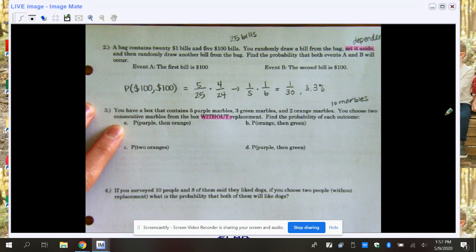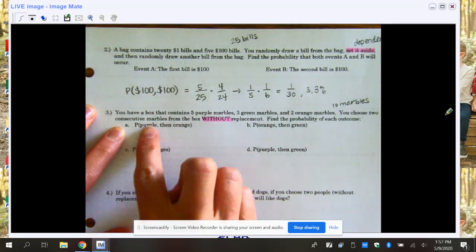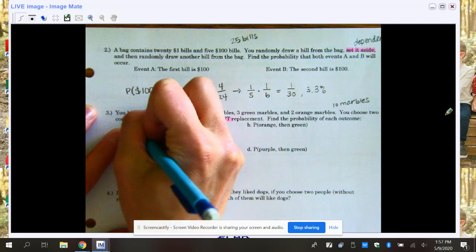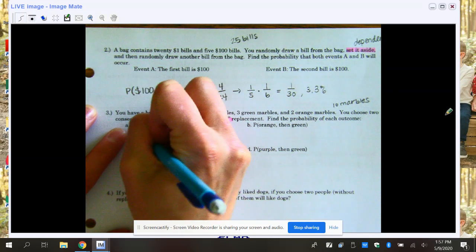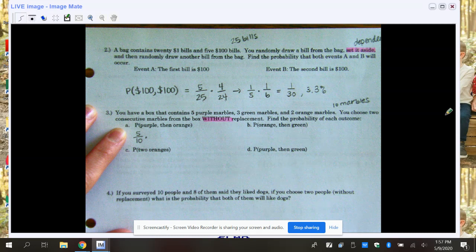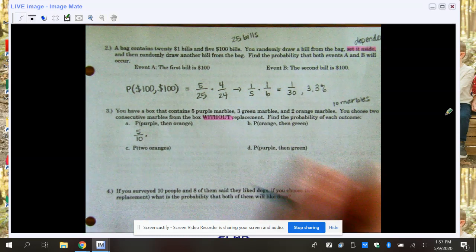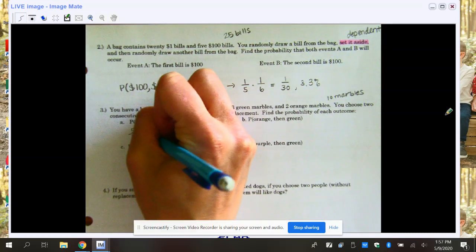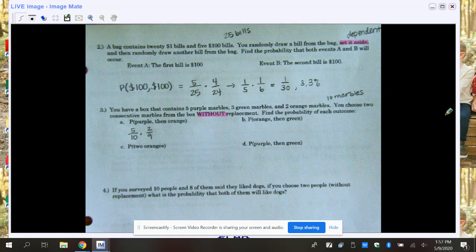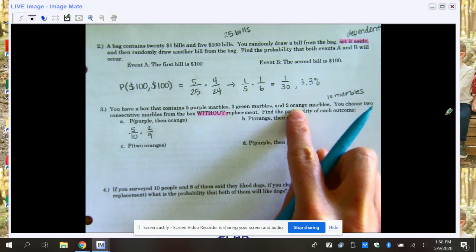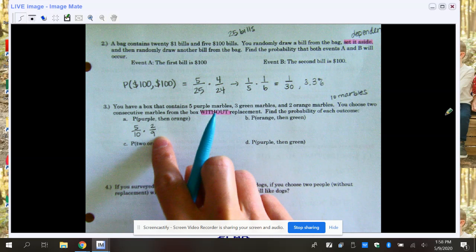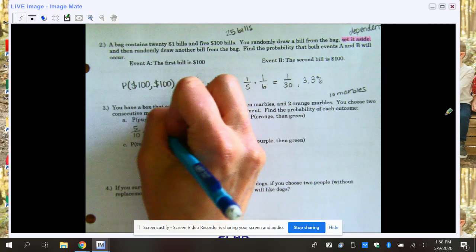Okay. All right, so for this first one, the probability that I pick a purple is 5 out of 10. Then if I set that aside, the probability that I pick an orange is only going to be 2. Well, I shouldn't say only. I still have 2 oranges, but I only have 9 left to choose from.